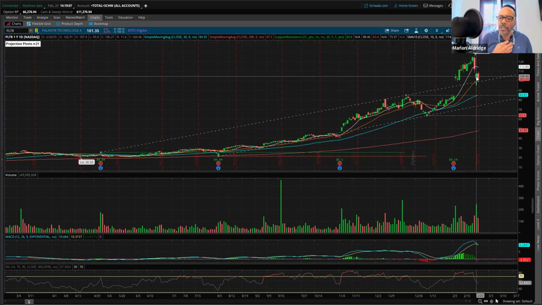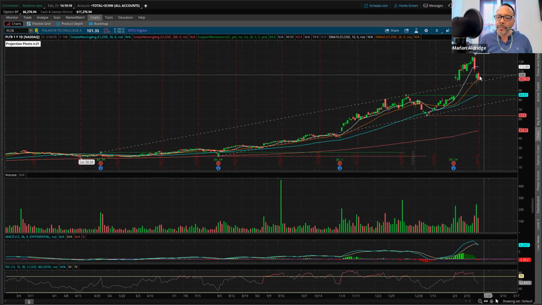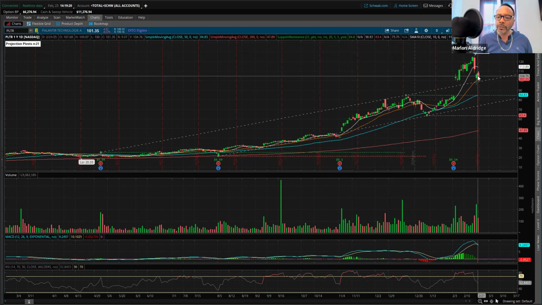I've set these colors up so that the green candles, we can see that the price at the end of the day was higher than the price at the beginning of the day. And the red candles, we can see that the price at the end of the day was lower than the price at the beginning of the day, which for most markets is going to be 9:30.